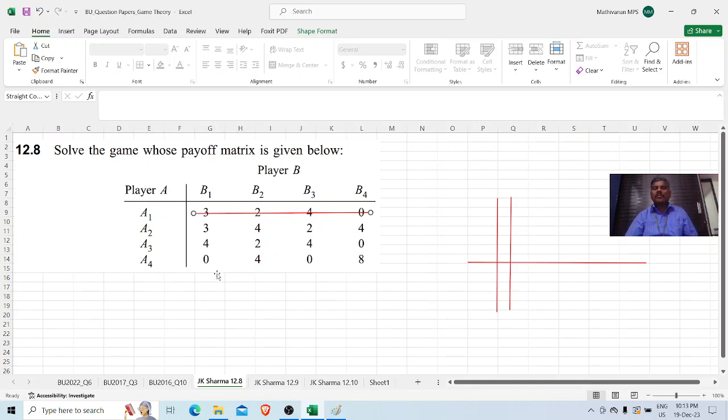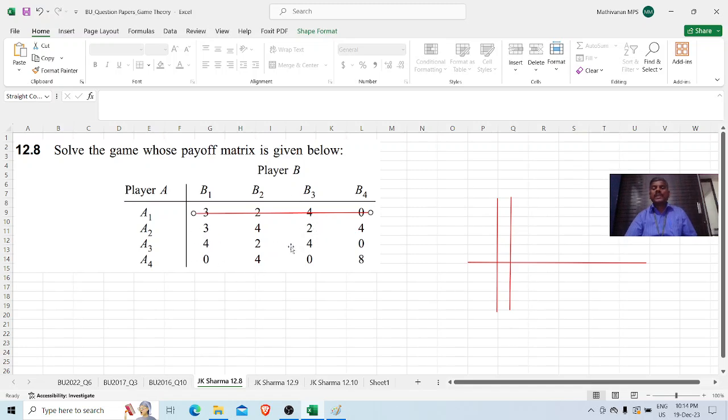That means B1 is a better strategy when player A uses the fourth strategy. We will compare B1 with B3. Loss of 3 points, loss of 2 points. B3 is a better strategy.